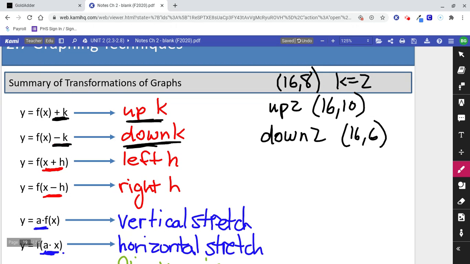And students kind of struggle with it, so I want you to really pay attention. So then, let's say we have one that's inside the function, but it's affecting the x coordinate. So we think about going left 2. And left 2 is going to change that point to 14, 8. You're affecting the x, going to the left, all right?